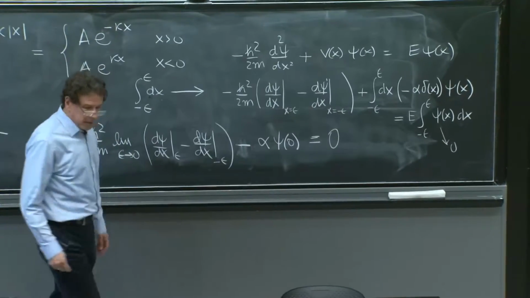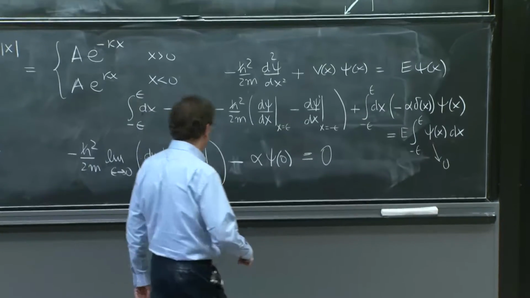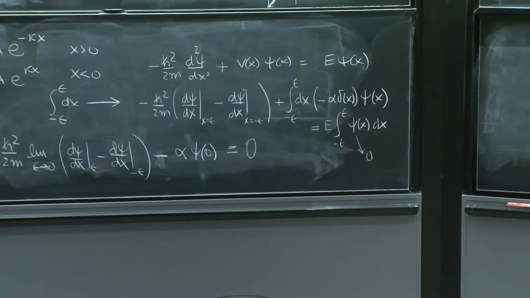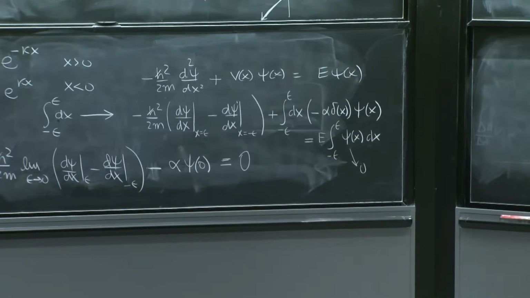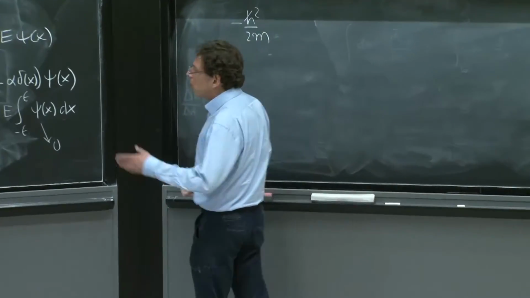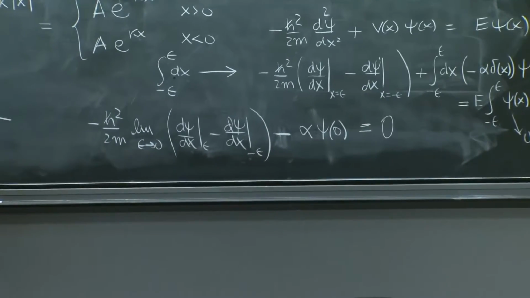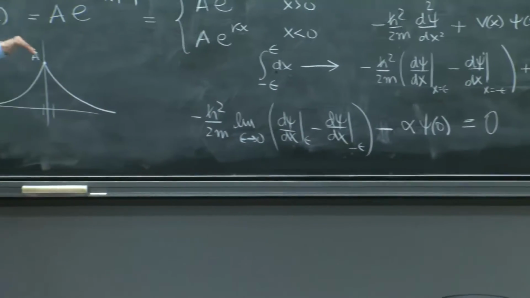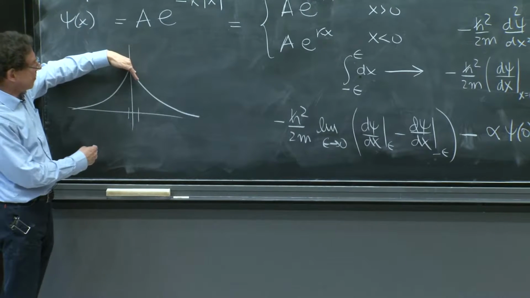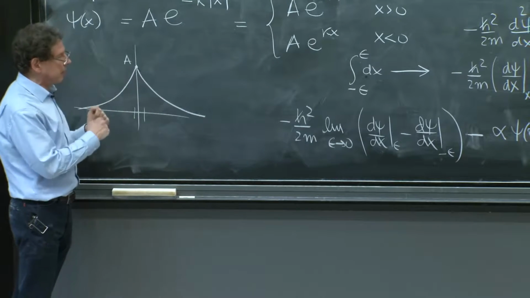So at this moment, we got really what we wanted. I'll write it this way. I'll go here. And I'll say minus h squared over 2m. And what is this? This expression says, calculate the derivative of the function a little bit to the right of 0, and subtract the derivative of the function a little bit to the left of 0.